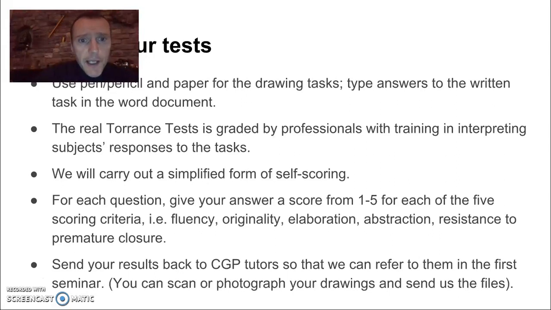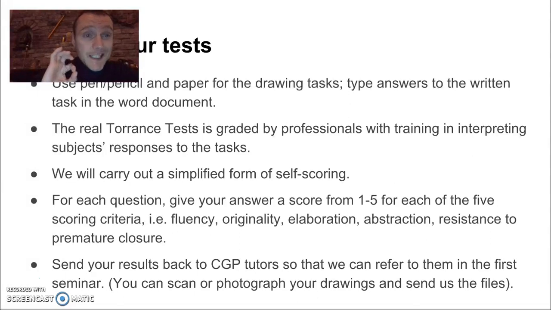So the real Torrance test is graded by professionals with training in interpreting the subject's responses. We will carry out a very simplified form of self-scoring. So basically for each of your responses, so you will have 3 responses for the drawing task and 3 responses for the text task.